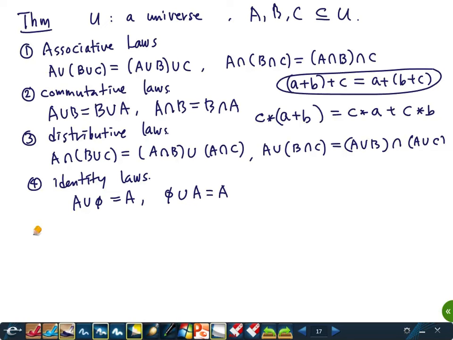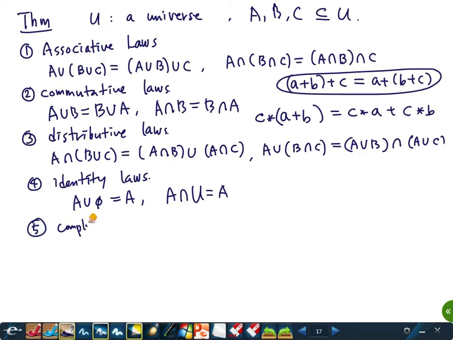Wait. Yeah, this is of course correct, but I wanted to write something different. They are the same, right? I was a little confused. A intersect U, the universe set, equals A. Yeah, this is what I wanted to say. So this is like an identity of this operation, like a 0 for addition.